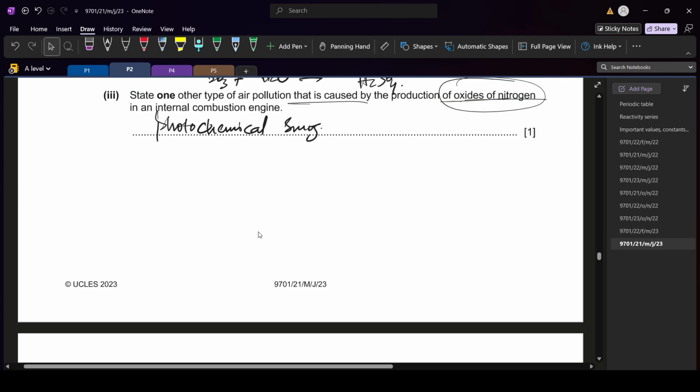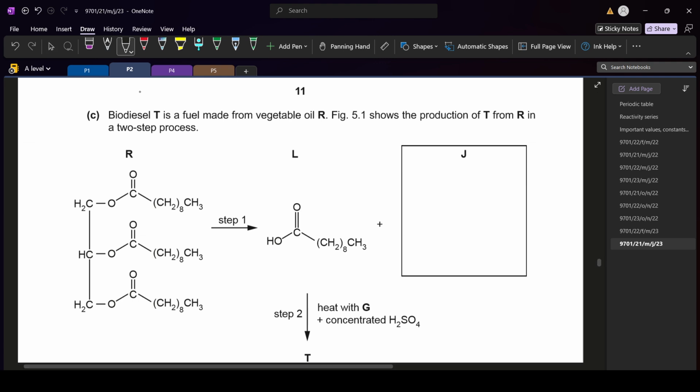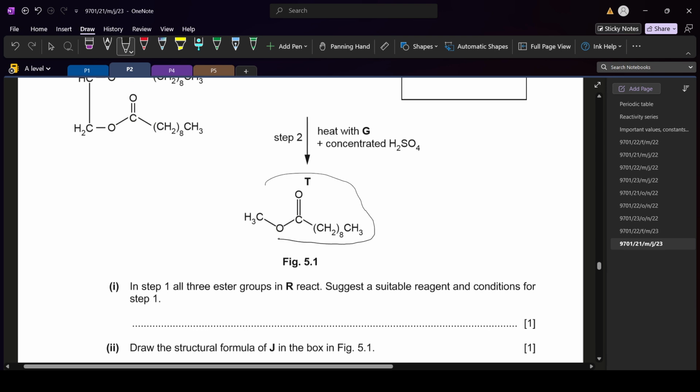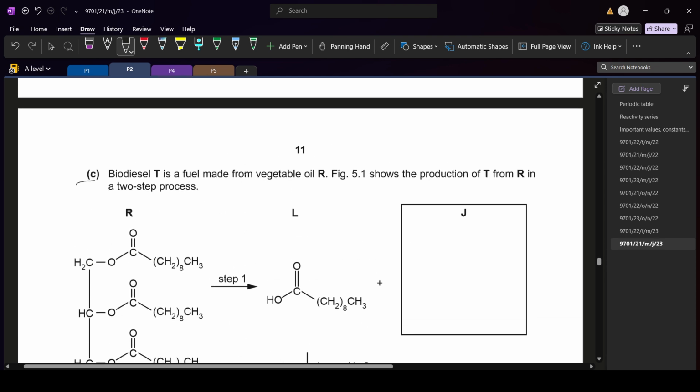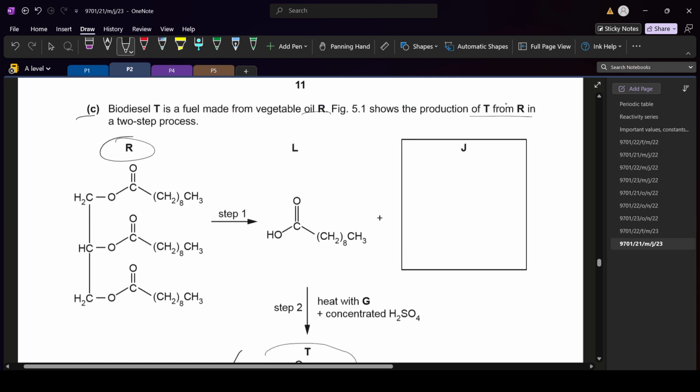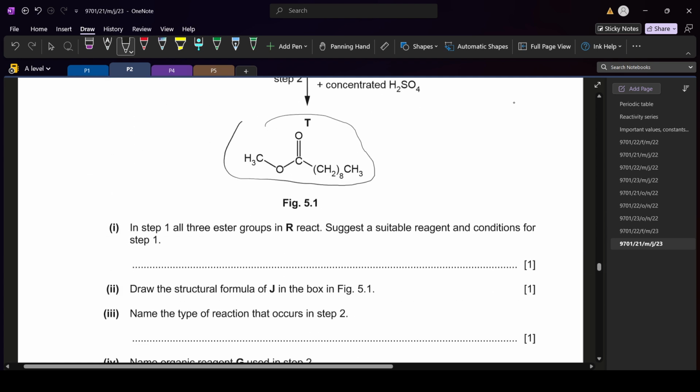Now moving towards the next part, part C, biodiesel T. This biodiesel T is fuel made from vegetable oil R. Figure 5.1 shows the production of T from R in a two-step process. In step 1, all three ester groups in R react.